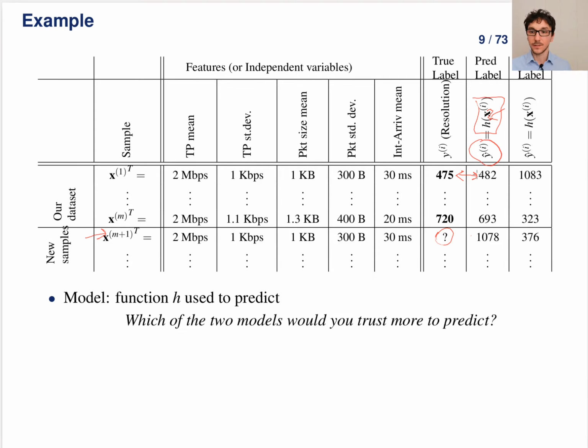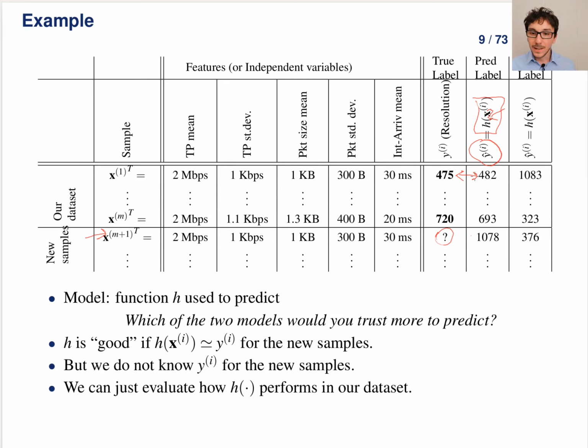So for instance, if someone gives you two models, this model here and this other model here, by observing the distance between the inferences and the true label, we can immediately understand which of the two models is better.